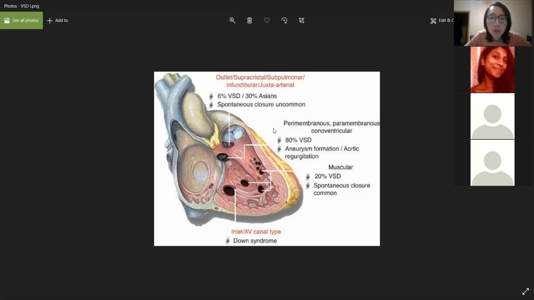Over here, perimembranous, paramembranous, conoventricular. Muscular, see over here, like I said earlier on, it can be multiple. This is what it means by multiple holes. It looks a bit creepy. And this is inlet. You see over here, inlet, close to your atrioventricular junction. This is your right atrium.